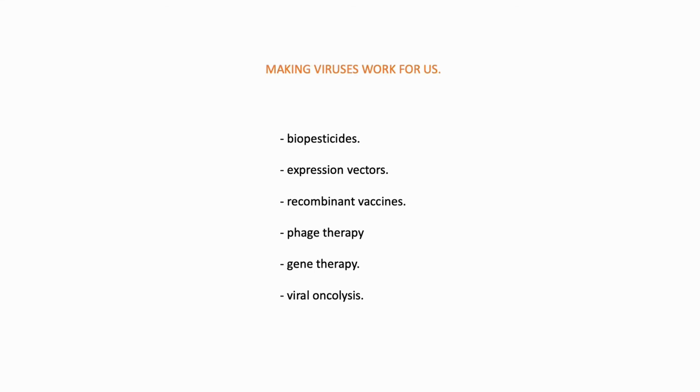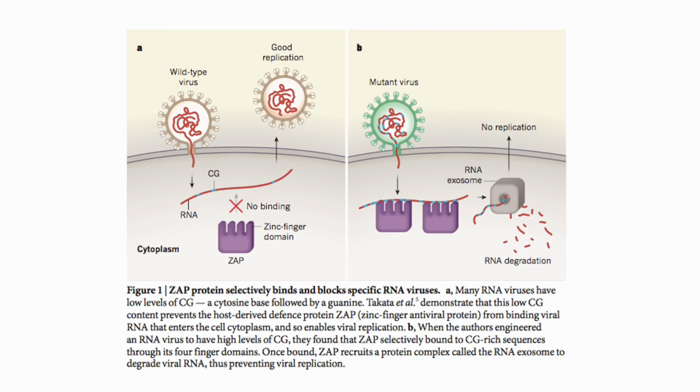We now come to the subject of gene therapy. So the ZAP protein, ZAP means zinc antiviral, or zinc binding antiviral protein. This is another type of innate immunity. And this pathway, as I suggested earlier, is deficient in at least 50% of all human tumors.